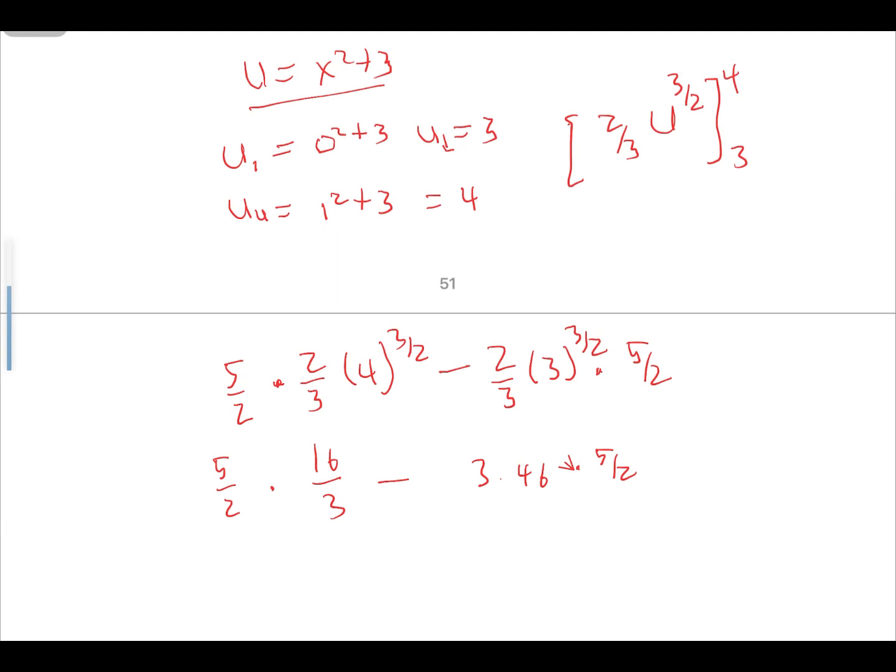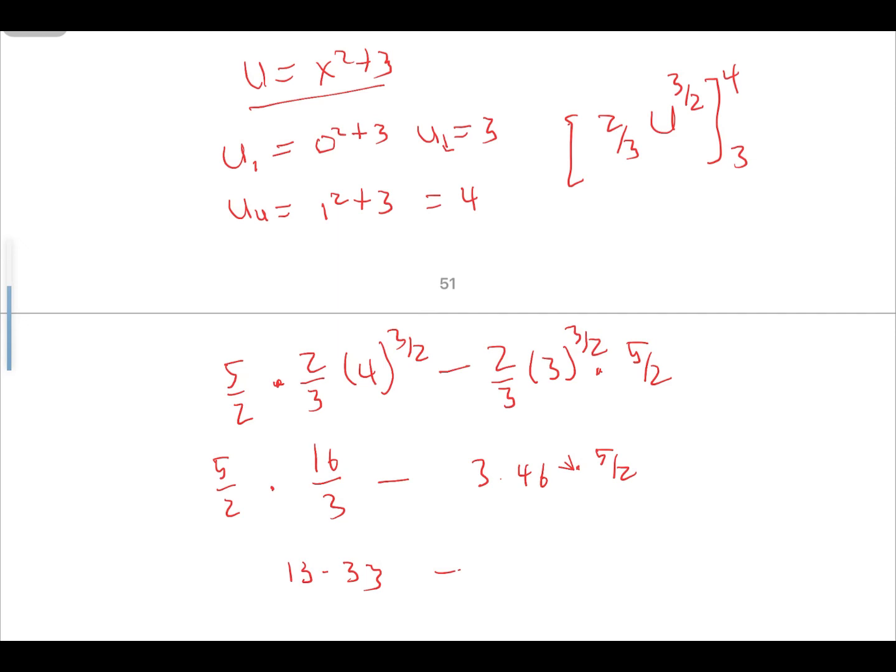So now 5 over 2 multiplied by 16 over 3. And then you are going to get something like 13.33 minus 3.46 multiplied by 5 on 2.